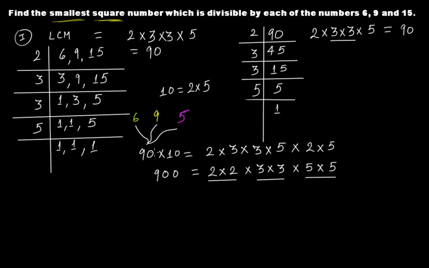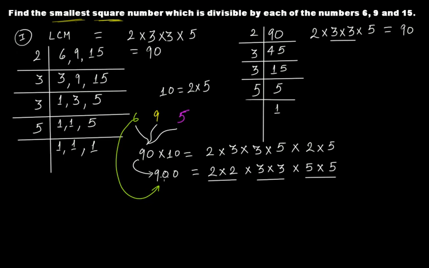Okay, so when you find this 900 that is the multiple of 90, it means that 6 is a factor of 900. Remember, we have discussed that one, 2 times 8, then 24 times. What I was trying to explain was that if you have a multiple, then you again find the multiple of this multiple, then even the final number will be divisible by the initial ones.